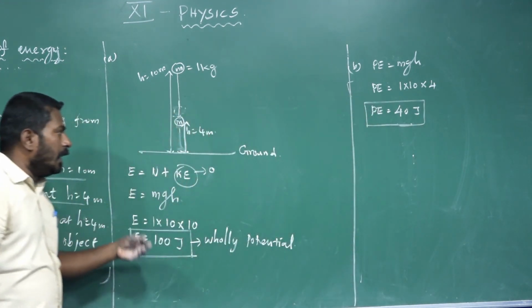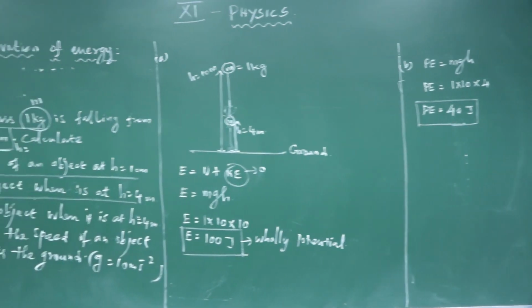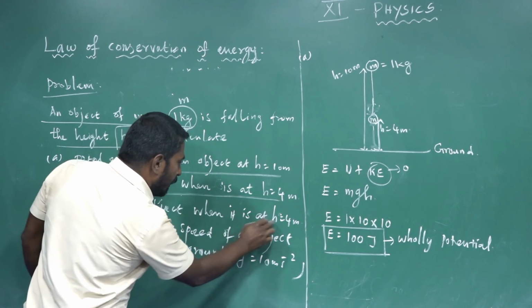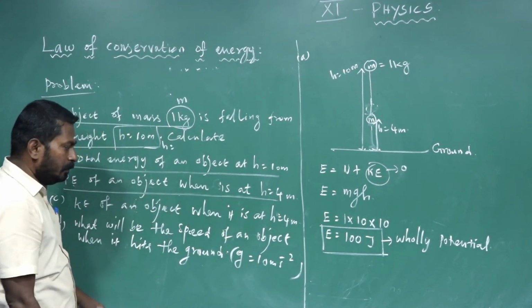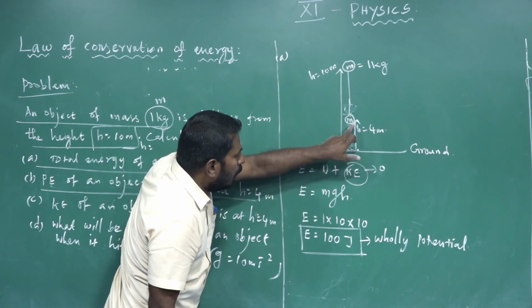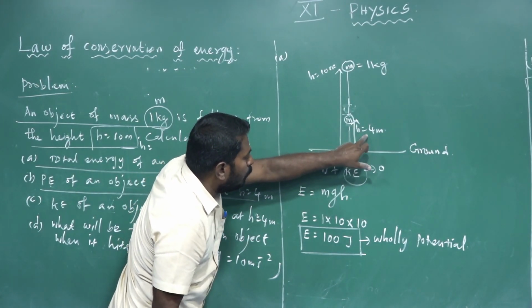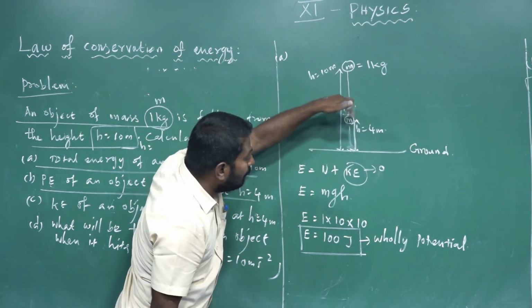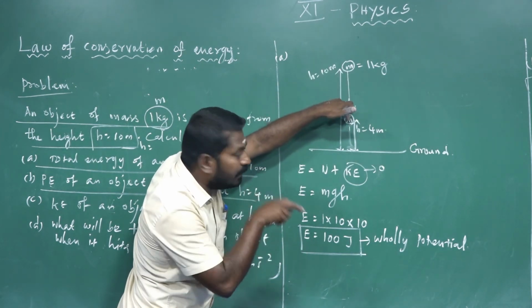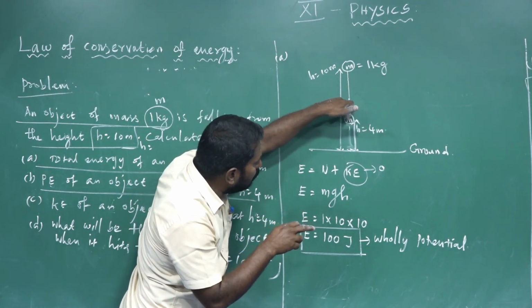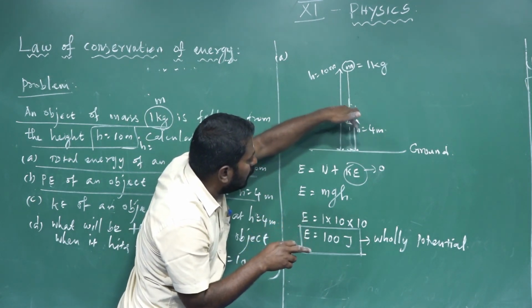Next, go to the other question, C. Kinetic energy of the object when it is at h equal to 4 meters. If a body is at a height of 4 meters from the surface of the ground during its free fall, at that instant it possesses a particular velocity, and it is also at a position 4 meters from the ground.